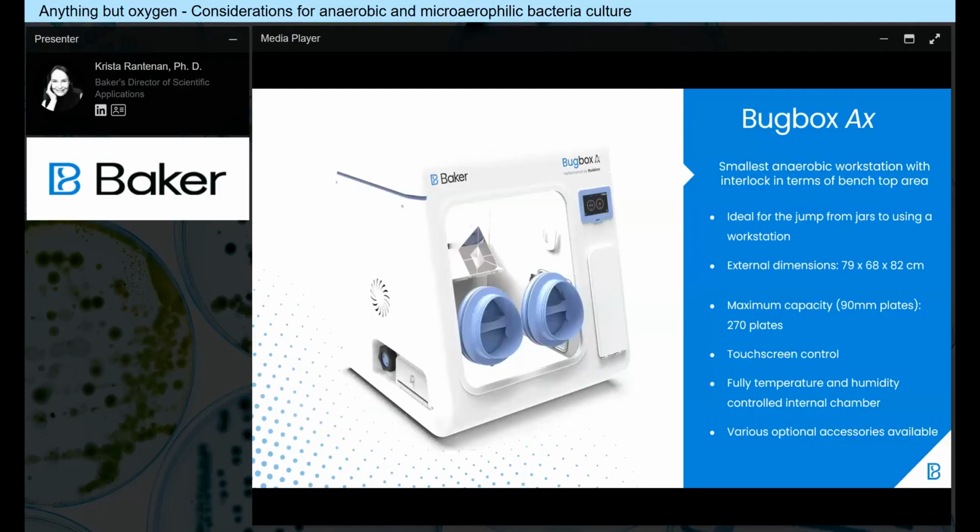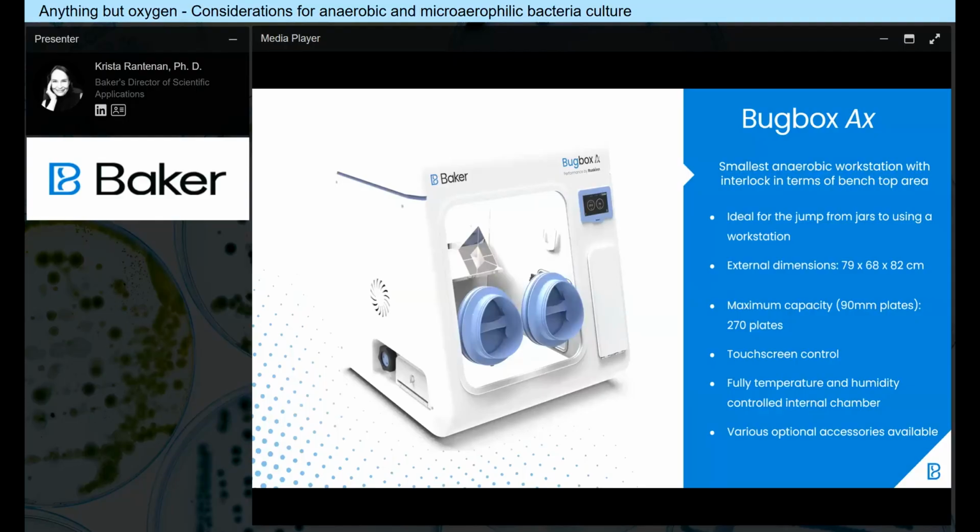If we measure the capacity in Petri dishes, it can fit over 250 plates, the maximum being 270, just to give you an idea. Absolutely the same idea: you have your glove ports, all the materials are transferred through the interlock on the side, and the workstation is operated from the touchscreen.